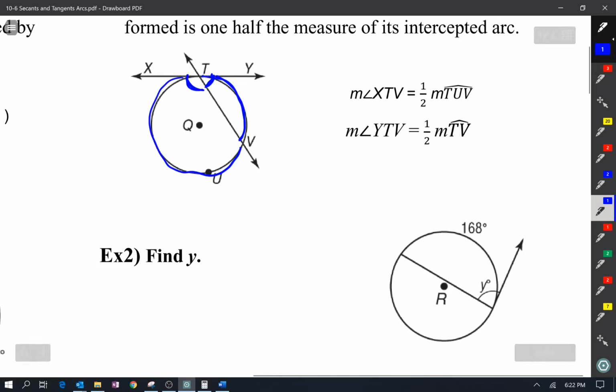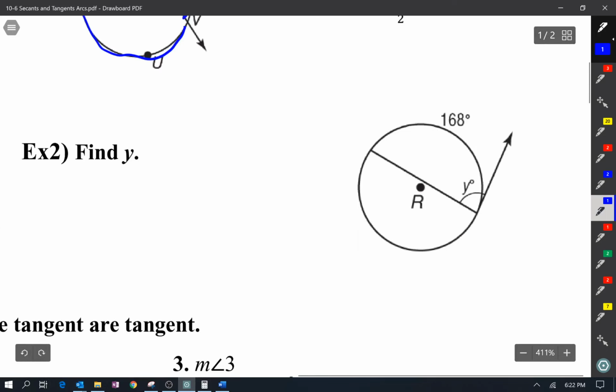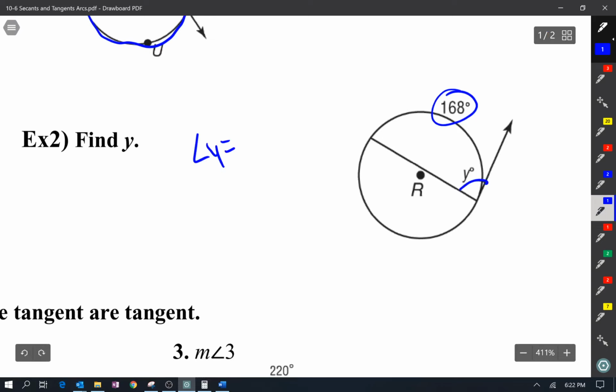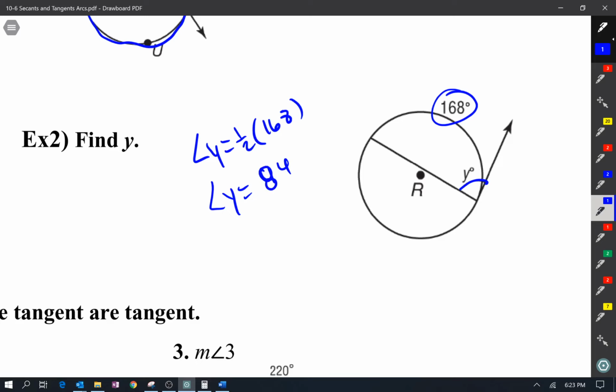That's it. So angle y is equal to half of that. Angle y is equal to 1/2 of 168. So angle y is equal to 44. Check that, 84. Bad at math, right? Angle y is equal to 84 degrees.